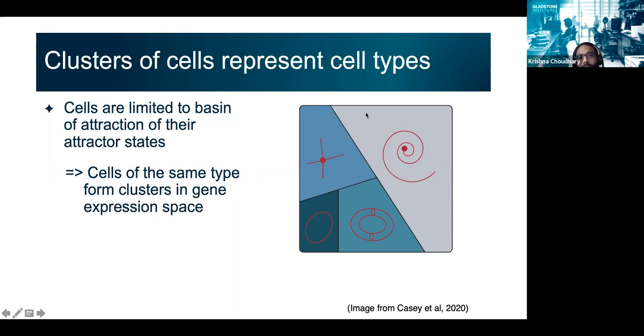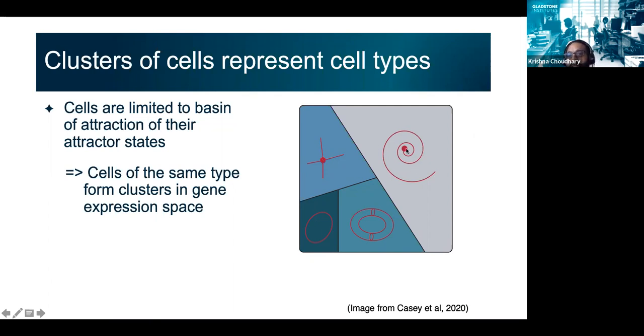And the assumption is that cells are attracted to certain attractor states. Each cell type has a state to which it is being attracted. Well, you can read more in the literature, but there are some stable states.